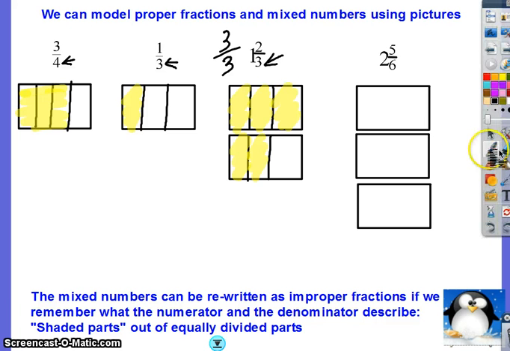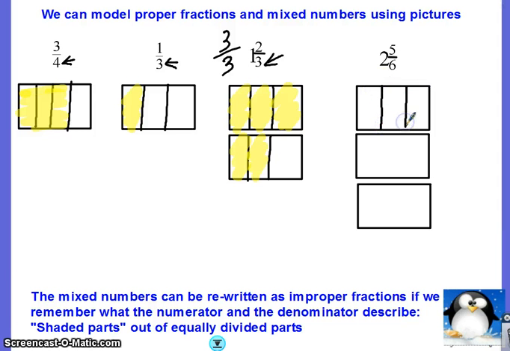So this one, we have 2 and 5/6. So we need to split this up into 6 pieces, and I'm going to make my life a little easier. Go like this. Each one has 6 pieces, because that's what the denominator tells me.